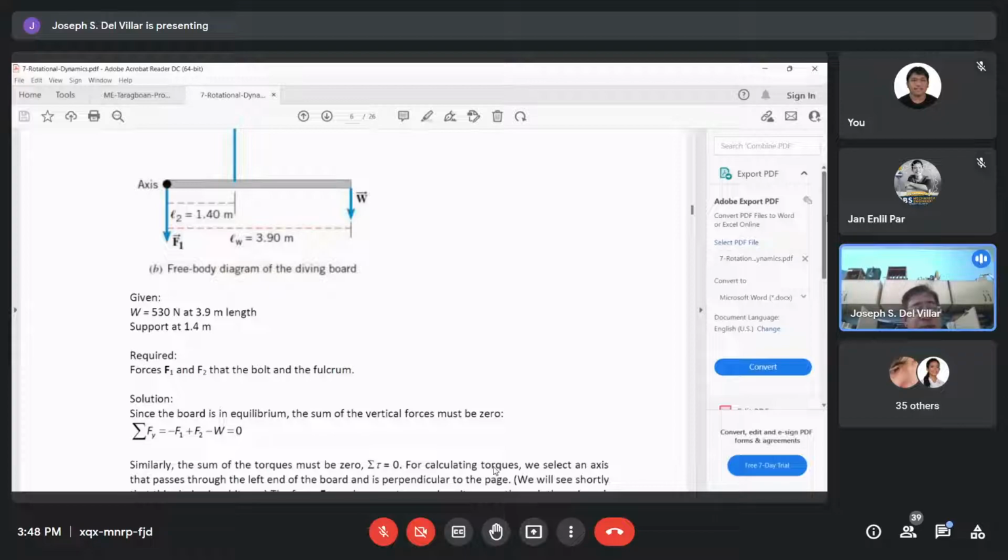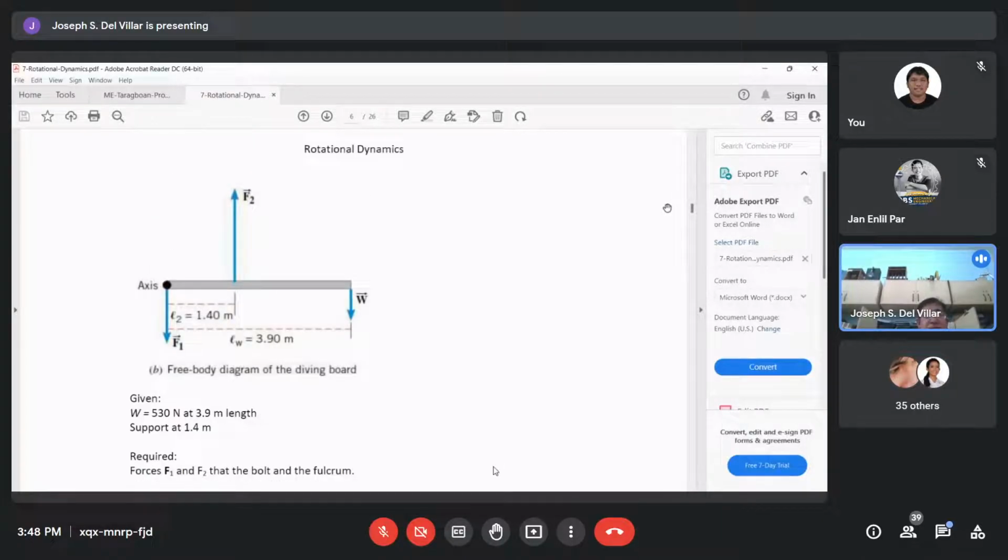Negative F1 plus F2 equals 530. Ilipat nyo na yung weight para maging positive. Okay? So dito naman sa isa, F1 times 3.9 minus F2 times 2.5 is equal to 0. Okay? Algebra lang yan. Apply your stock knowledge in algebra.